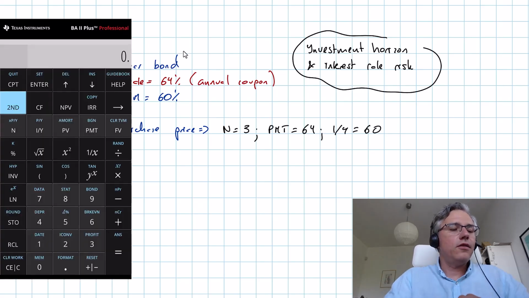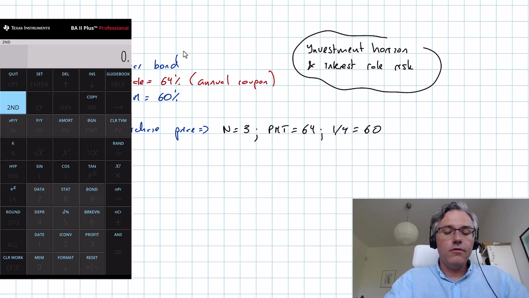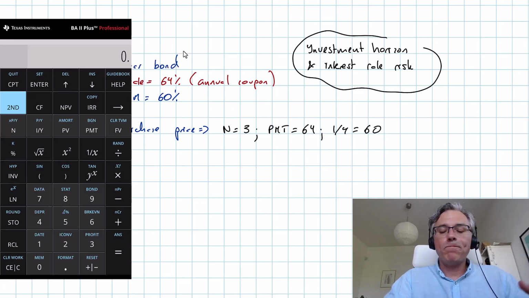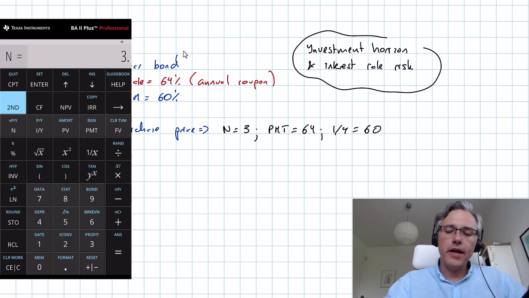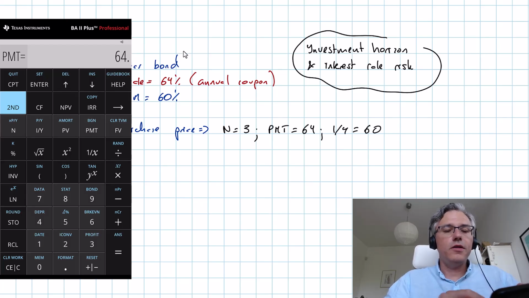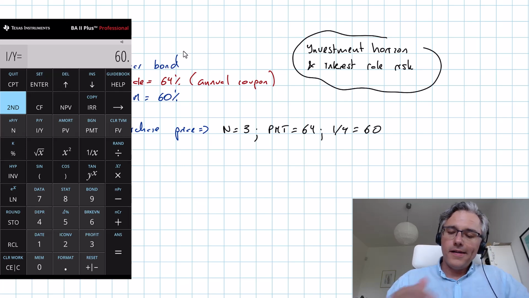So let's clear the time value of money worksheet first, as we always should. And now with the inputs, 3 for N, right, first the input, then tell the calculator what it is. So 3 followed by N, 64 followed by PMT, 60 followed by I/Y. Of course, I'm missing one more thing.